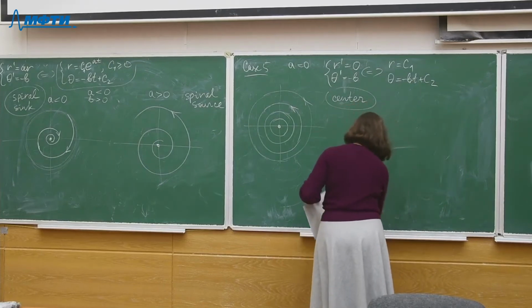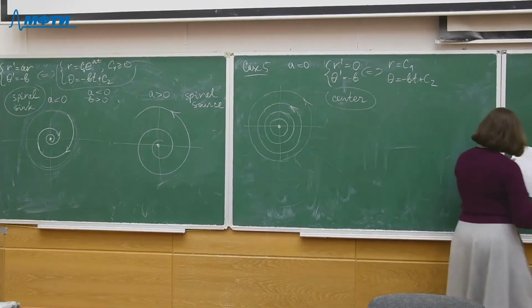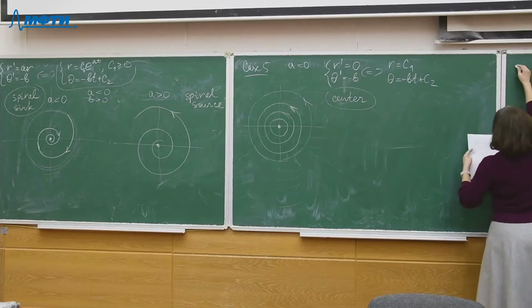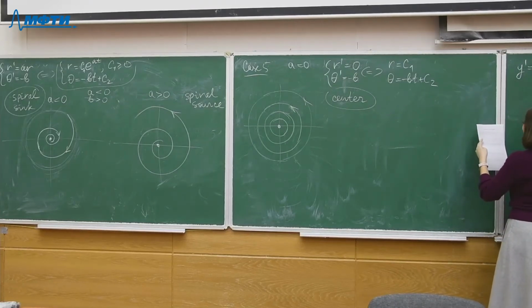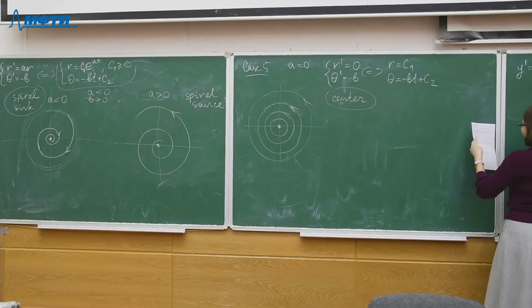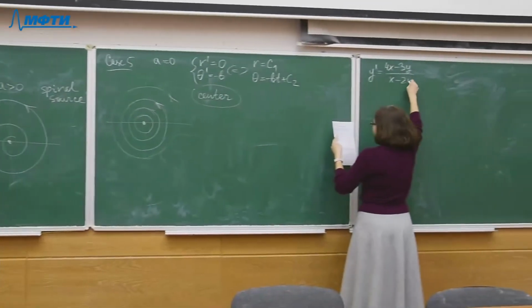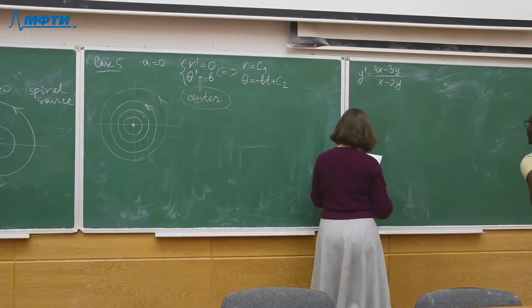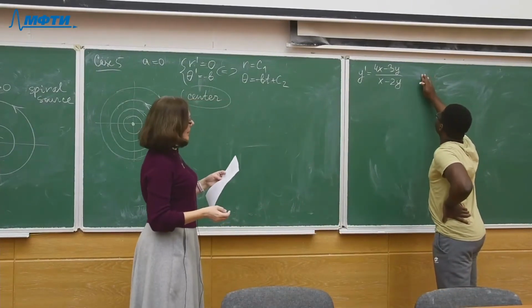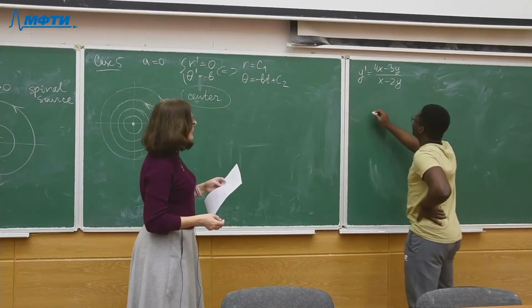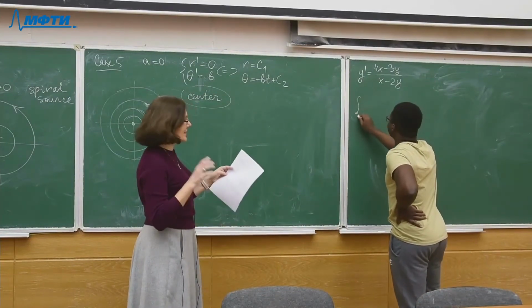So the space is here. And now let's consider the following. Y prime equals 4x minus 3y over x minus 2y. First we should introduce the new parameter t and rewrite this equation as a system of two equations.